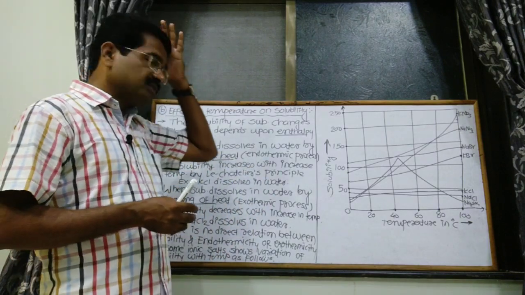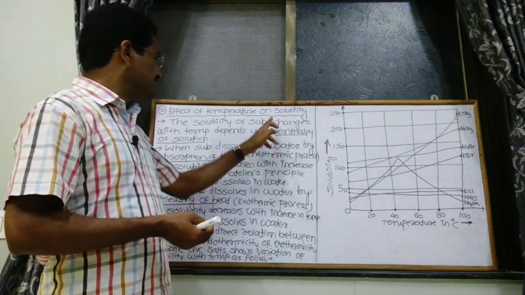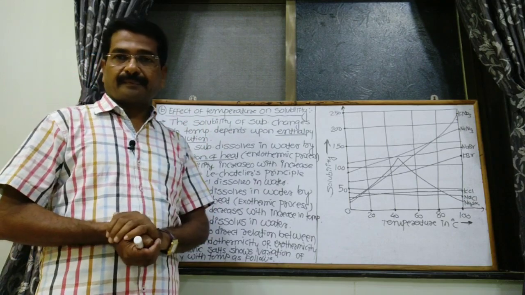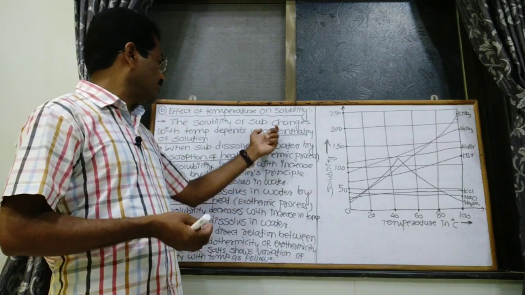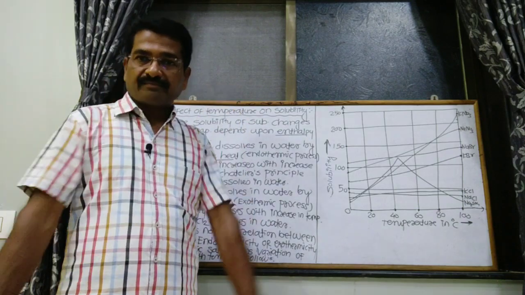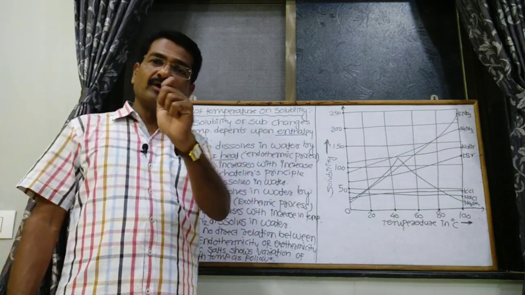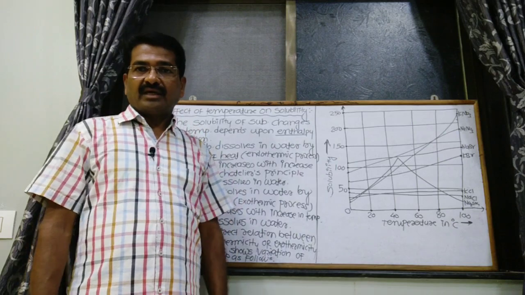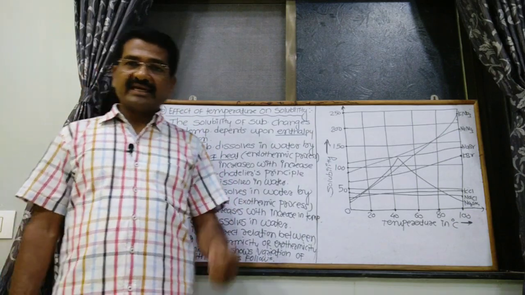The solubility of a substance changes with temperature and depends upon the enthalpy of solution. Not only temperature, it is also affected by the enthalpy of solution, which is the energy of solution.